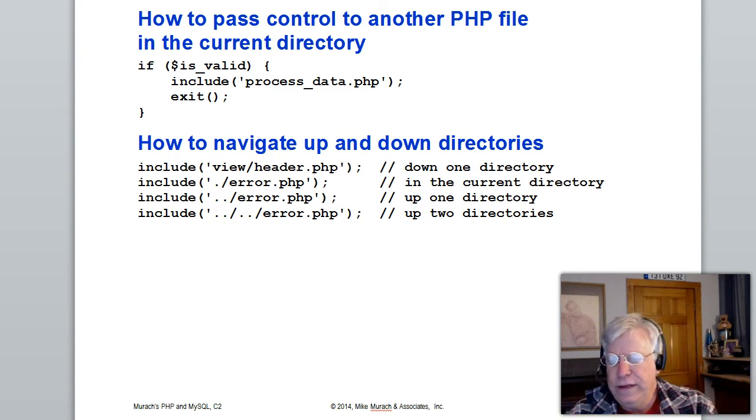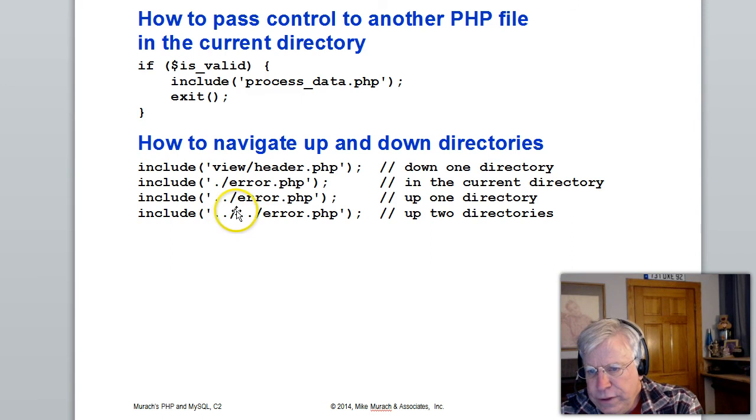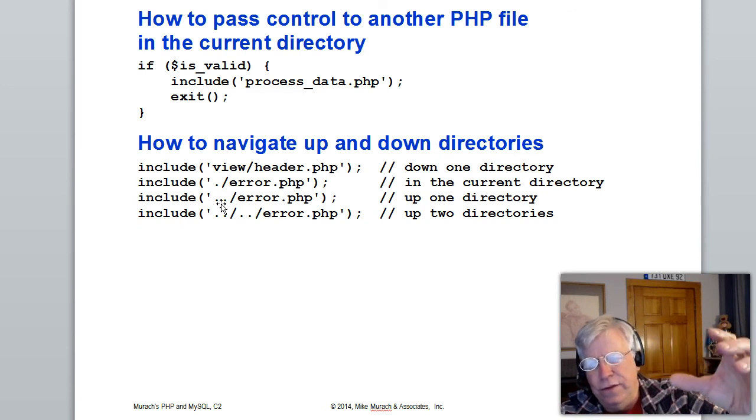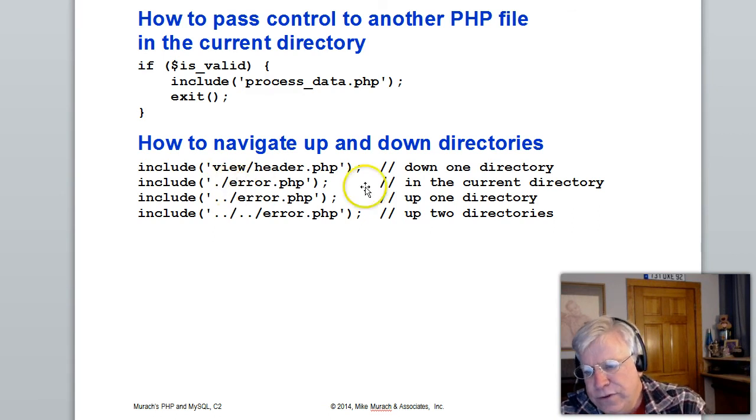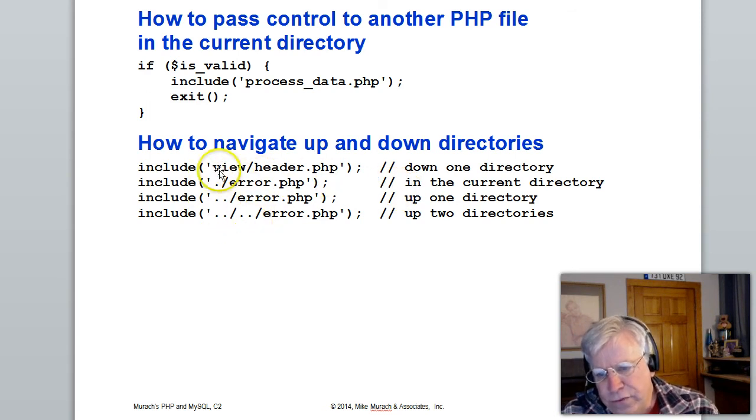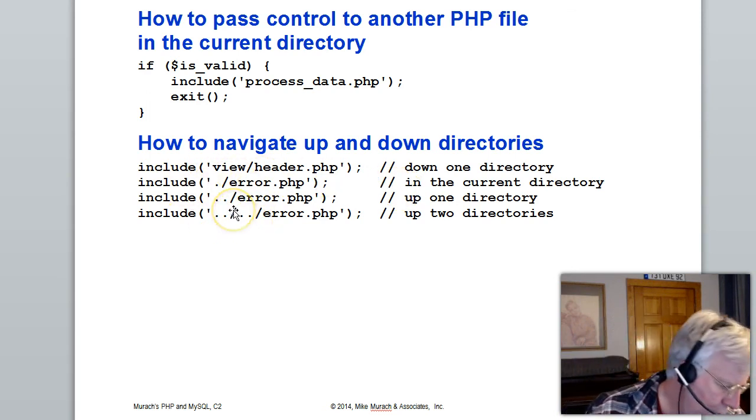So what's interesting here is this is a good example of moving up and down directories. A lot of times, if you're in some PHP code and it lives in one directory, but you need to include a file in another directory, you need to understand, are you one or two directories up or down a directory? So this syntax right here is really, really important.